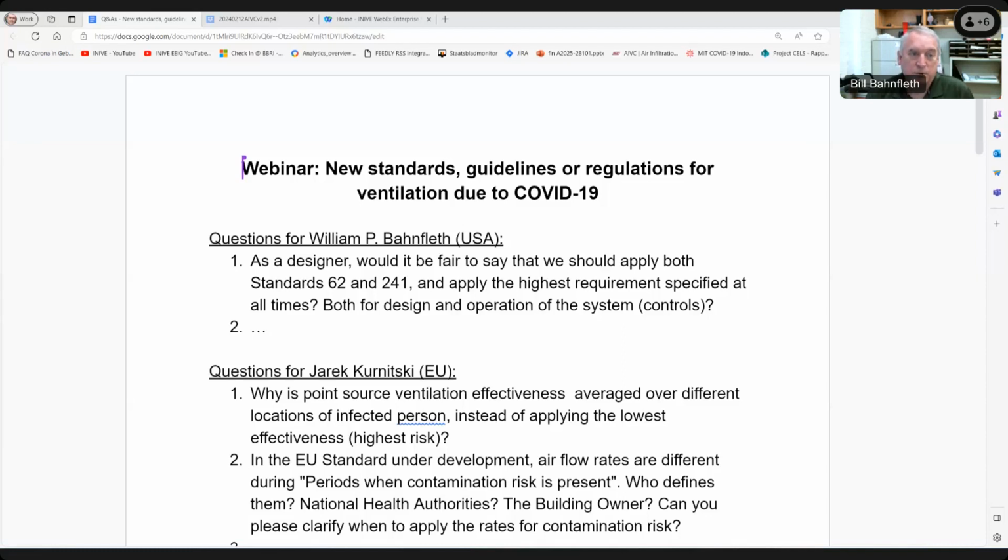If you did it, you would be, I suppose, setting minimum outdoor airflow by 62.1, for example, and then providing whatever it takes to get to the ECAI requirement by other means. Otherwise, you would be superseding 62.1.